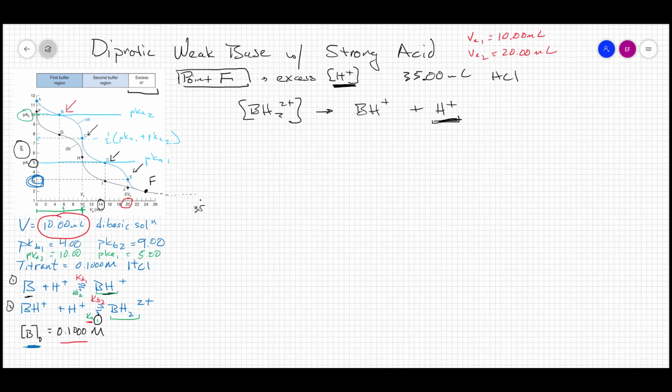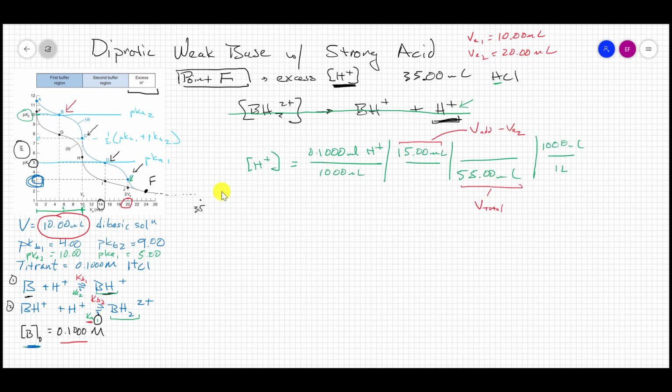And so we're going to neglect any contribution here, and that's going to be reasonable, again, unless you're a fraction of a mil past equivalence, in which case the proton concentration from HCl is comparable to the proton concentration from BH2, and then you'd have to treat it systematically, but I'm not going to make you do that. But thinking through that is important, that you understand that. So at this point we've got about 15 mils excess.